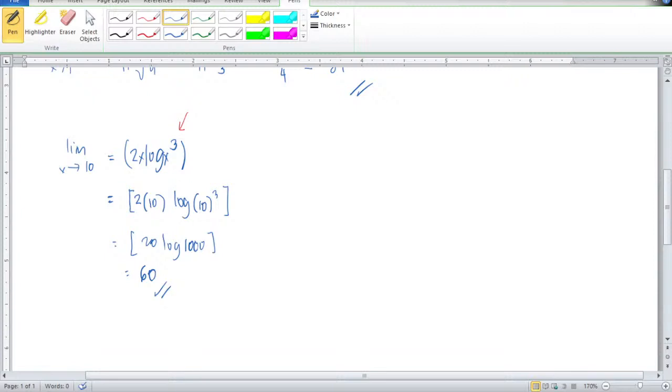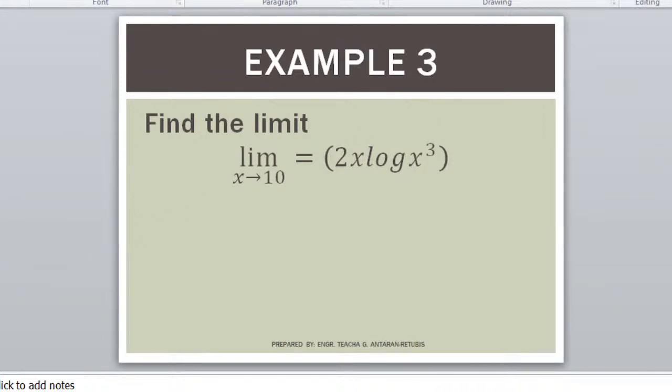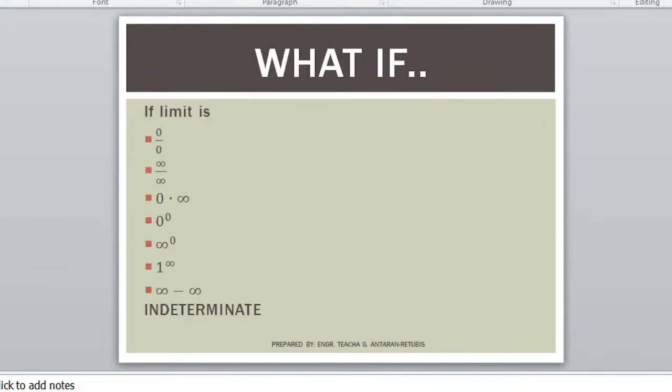Now, another question: what if, when you evaluate the limit, this is the result? What if you substitute the x, and the result is 0 over 0, infinity over infinity, 0 times infinity, 0 raised to 0, infinity raised to 0, 1 raised to infinity, infinity minus infinity.